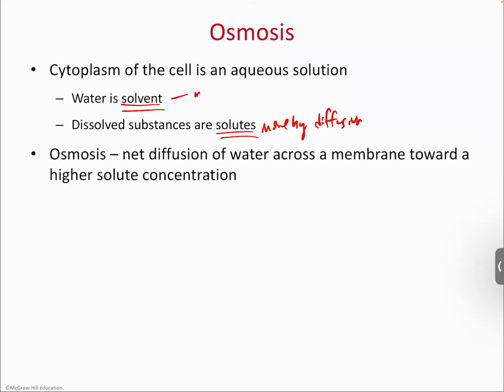And the solvent is basically moving by osmosis. And so ultimately osmosis is the diffusion of water across the membrane, chasing salt, right? Because salt sucks. And so salt is pulling water toward it. And that's basically always true.